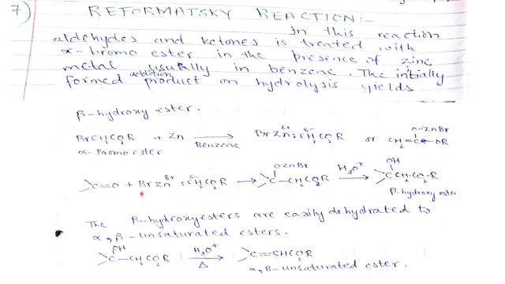Here are the different steps involved in the formation of the final beta hydroxy ester molecule. The beta hydroxy esters are easily dehydrated, and upon heat treatment can be converted to alpha beta unsaturated esters.